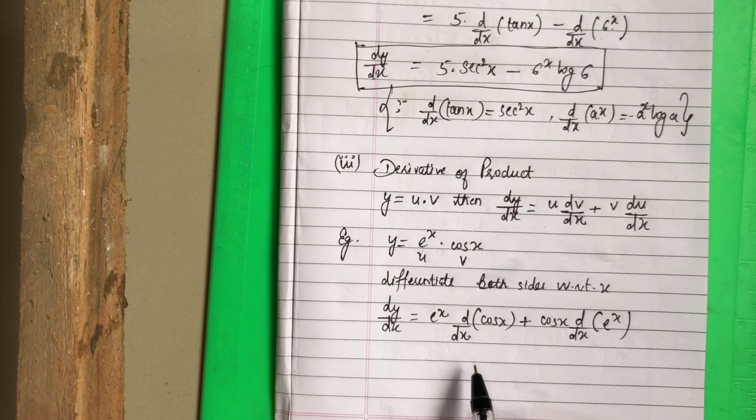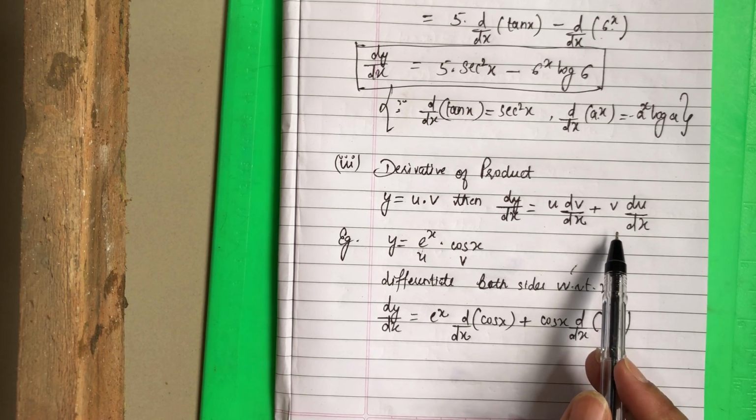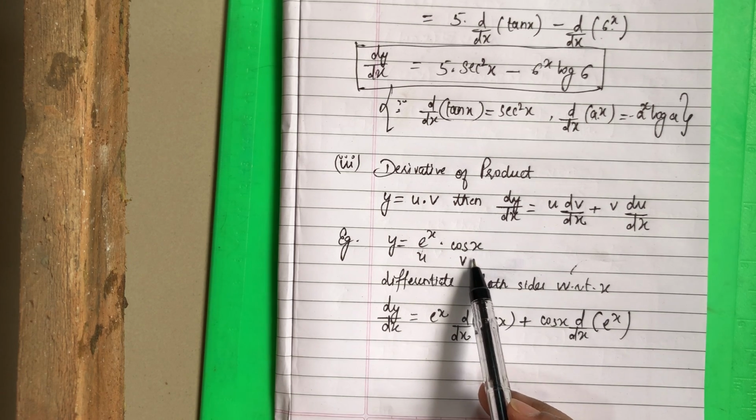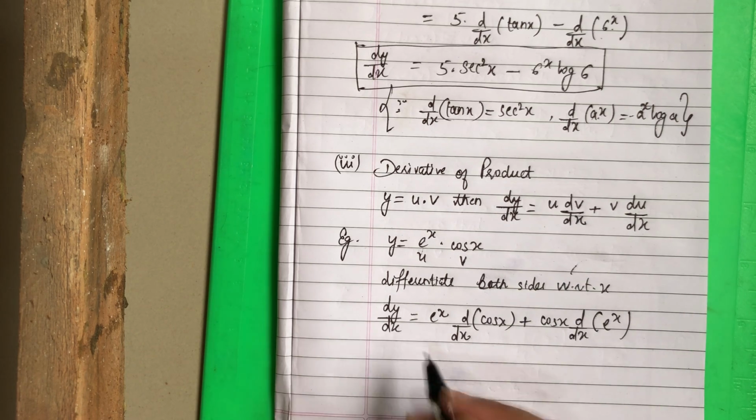So we have substituted the entire terms in the formula given for u dot v product rule, where u is e raised to the power x and v is cos x. So in place of u we substituted u, in place of v we substituted v.